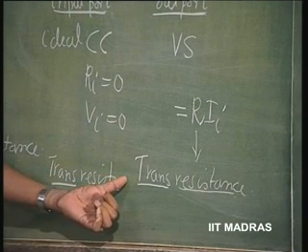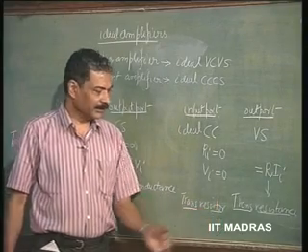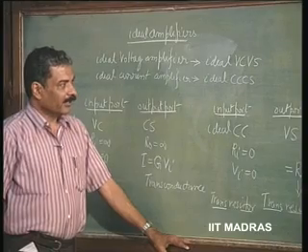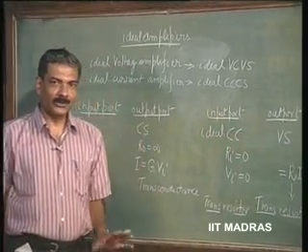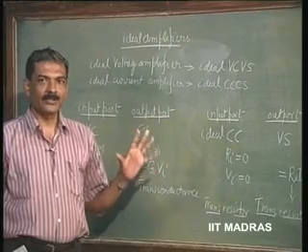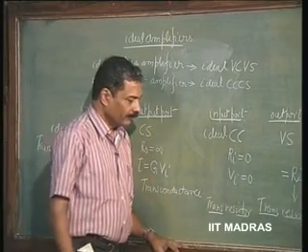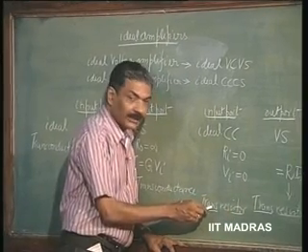That is how the transistor derives its name, but it is really not an ideal current controlled voltage source. It is close to an ideal current controlled current source. We will discuss it later. But the transistor derives its name from transfer resistor.